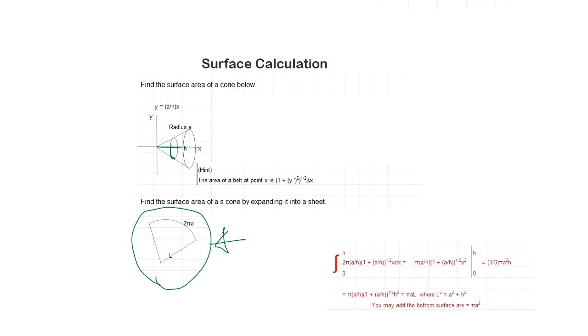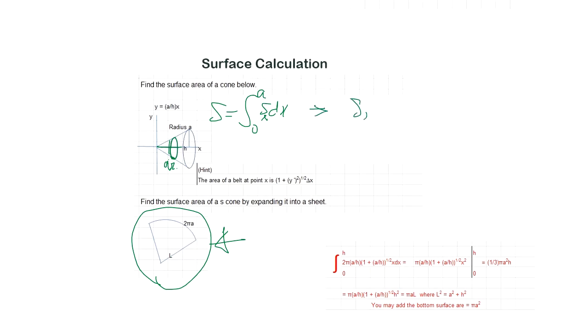We take the circumference of the circle and delta x. So circumference of the circle times delta x, and the integral total s is the integral of s x from 0 to a. The same method, okay?